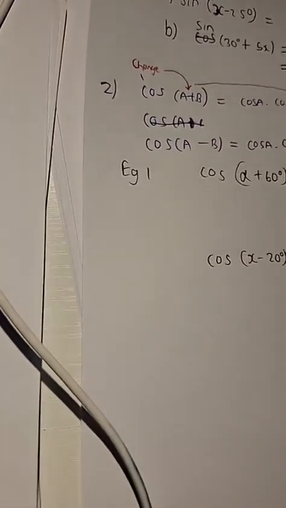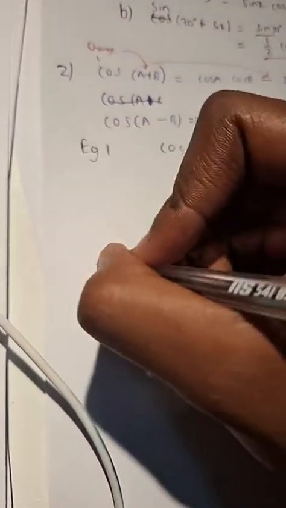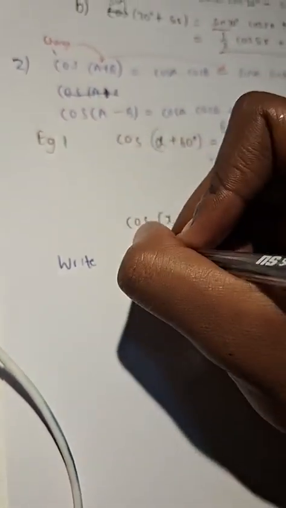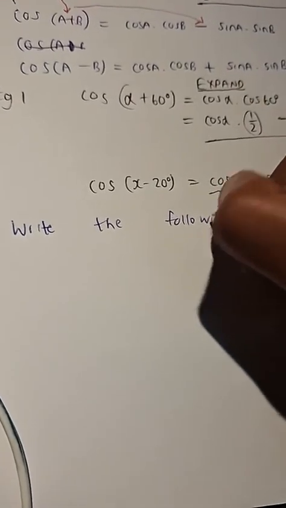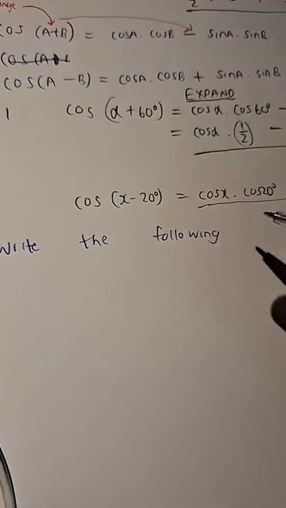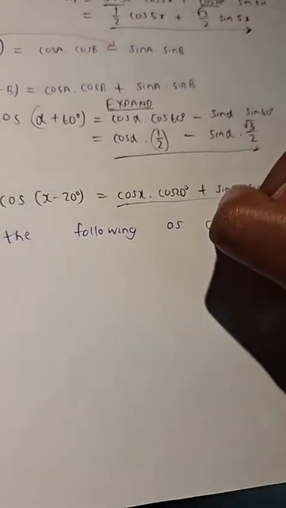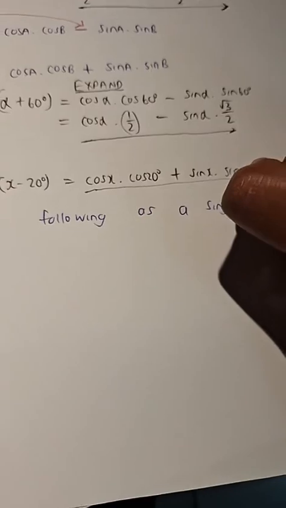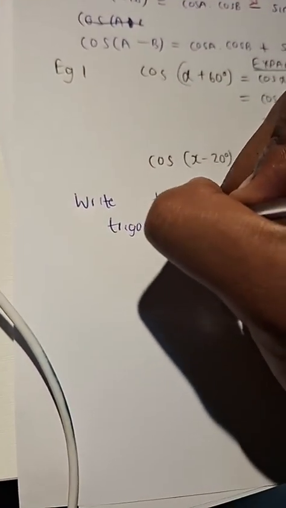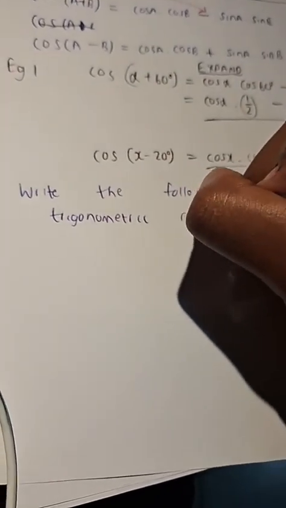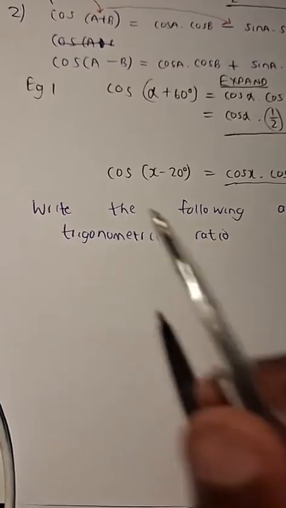Whilst we are still on that same note, guys, there are questions sometimes that require us to write the following. Since we are still on compound angle, write the following as a single trigonometric ratio. What do we do when we are asked to write the following as a single trigonometric ratio?